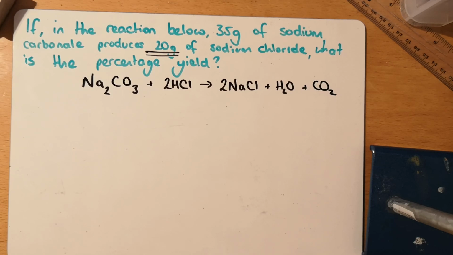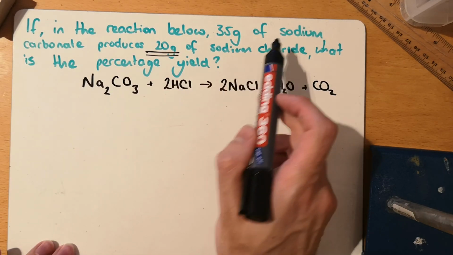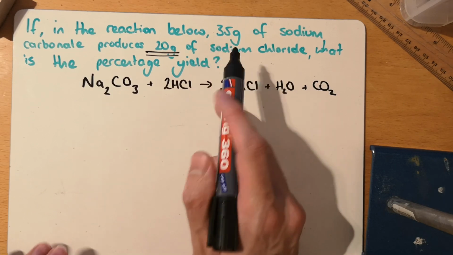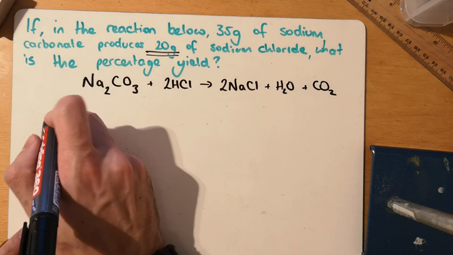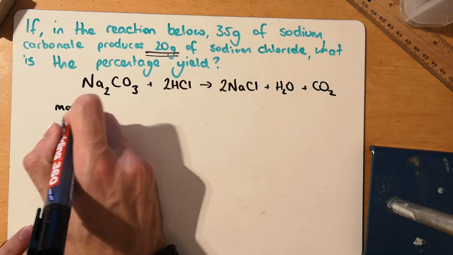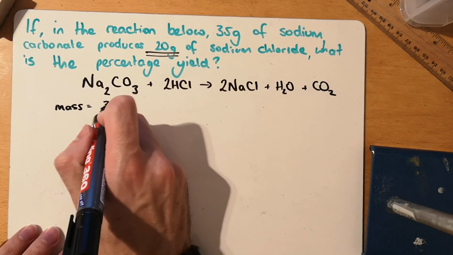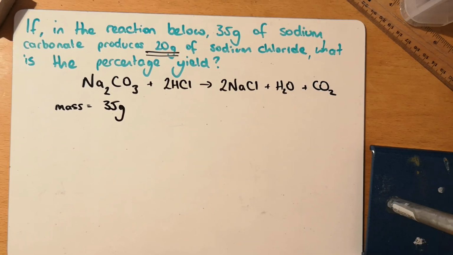So we can start to put in information that we know. We can look at this and go, well, to work out the theoretical yield, we know we're going to start with 35 grams of sodium carbonate. So I can put here my mass equals 35 grams.